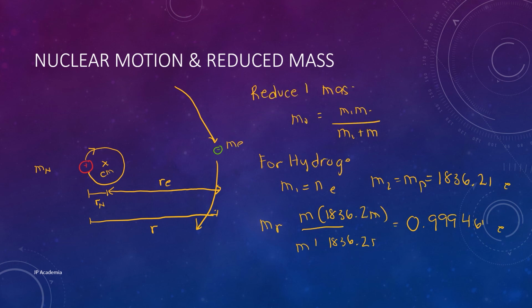Using the reduced mass of this two-particle system, with mass m1 equal to the mass of the electron and mass m2 equal to the mass of the proton, we have the reduced mass of the proton-electron system equal to 0.99946 times the mass of the electron, m sub e.